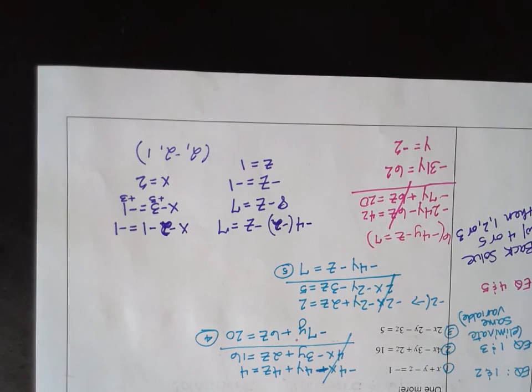Do not do the ones in the notes. Let's pick, do 43. Let's try 43. And then we'll come back together and we'll do some more together. How's that sound?